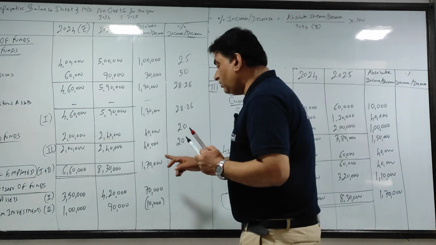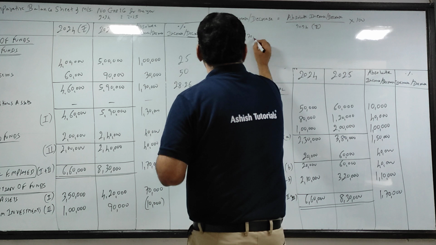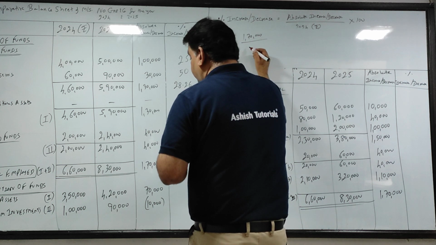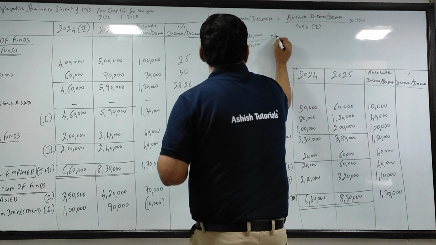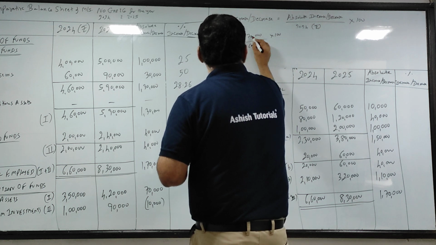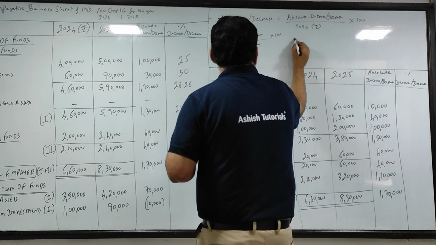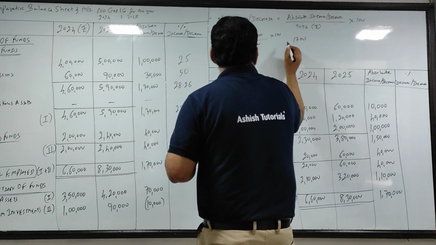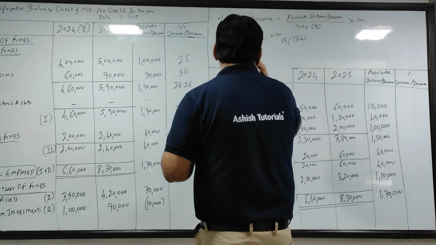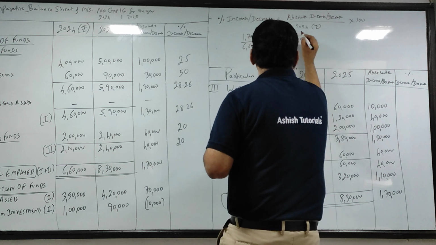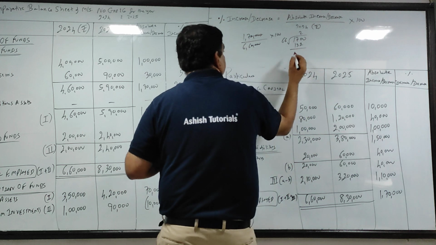Okay, so now this 170 divided by 6,60,000 into 100. 4 zeros cancel, 4 zeros cancel. Okay, so this becomes 1700 divided by 66. 66 into 2 will give you 138.